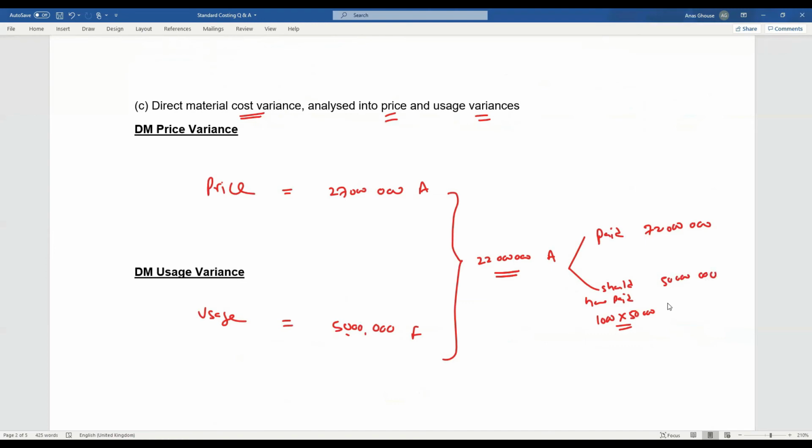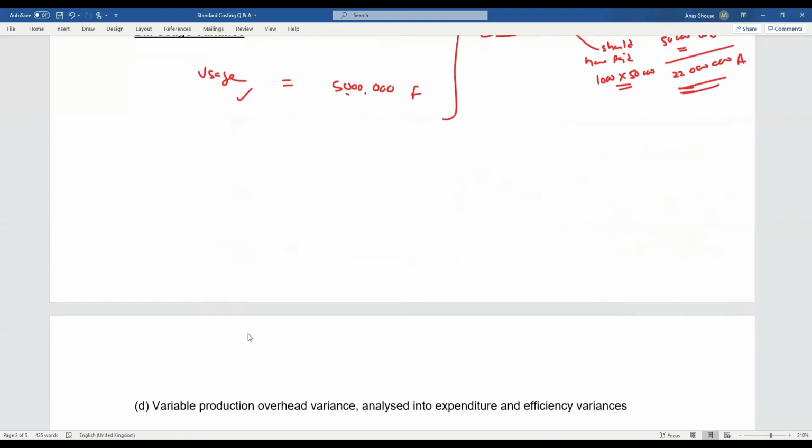We paid 72 million, in fact we should have paid 50 million. So therefore adverse is 22 million. So this 22 million adverse variance consists of price and usage variance.